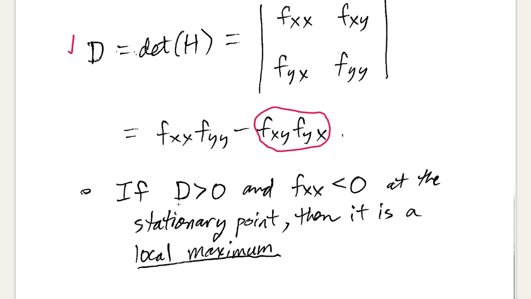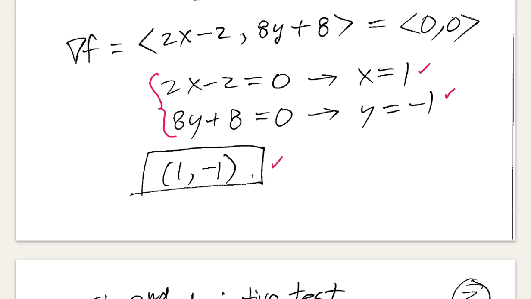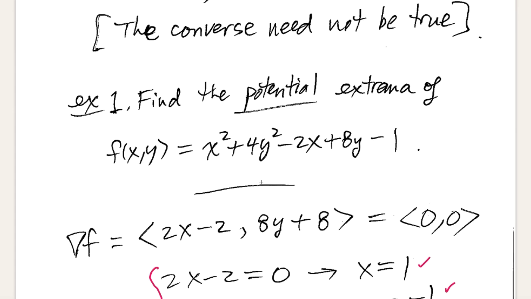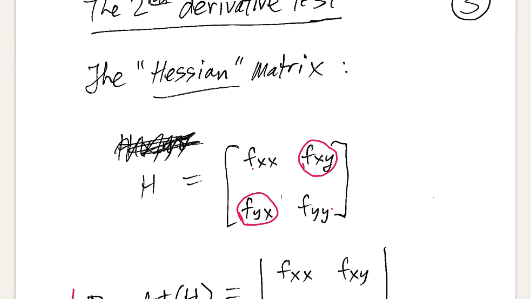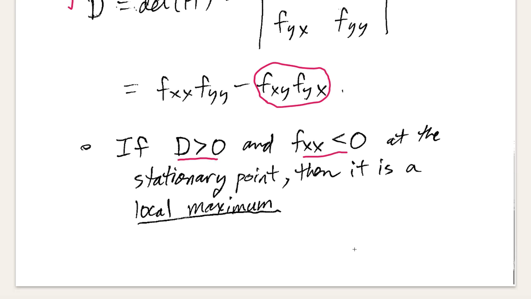Now, if D is positive, and f sub xx is negative, then at the stationary point, in other words, the potential point you found up here, where the stationary point, by the way, is a place where the gradient is 0, that's a stationary point, so let me throw that in. So at the stationary point where the gradient is 0, then you've got a local maximum. Okay? We've got a local maximum.